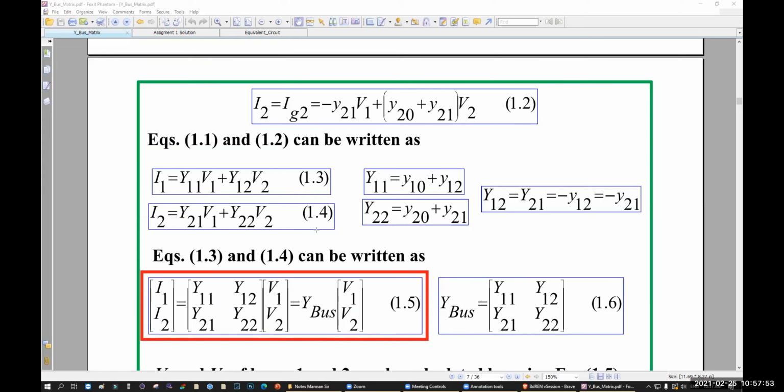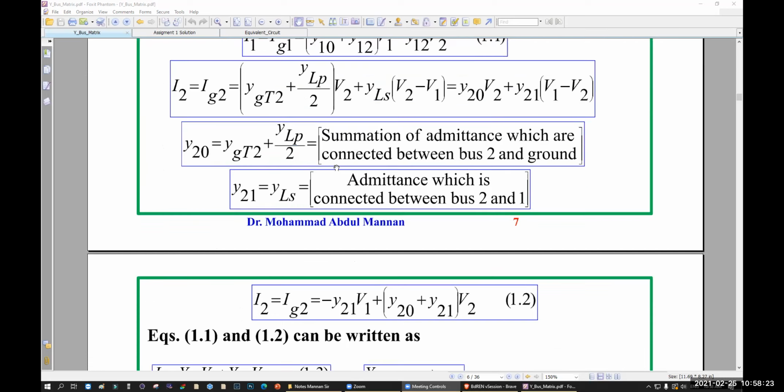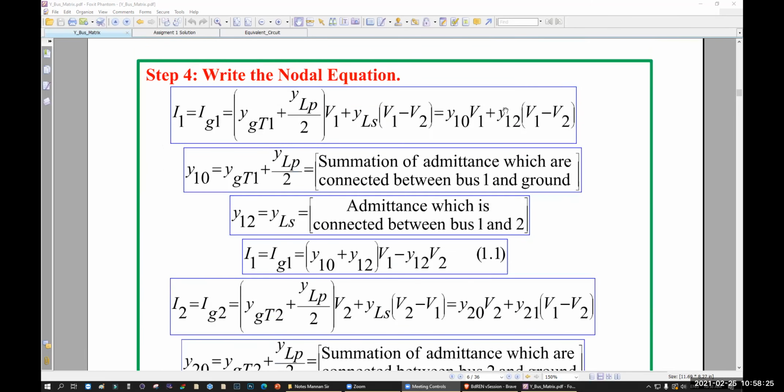That means this one is the matrix for the values of currents. This one is the values of voltage. And this one is the admittance. So this part we can call the Y bus matrix. Got my point? Okay, I was going to teach this later, never mind.